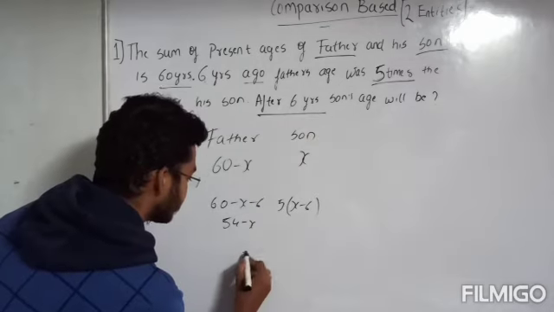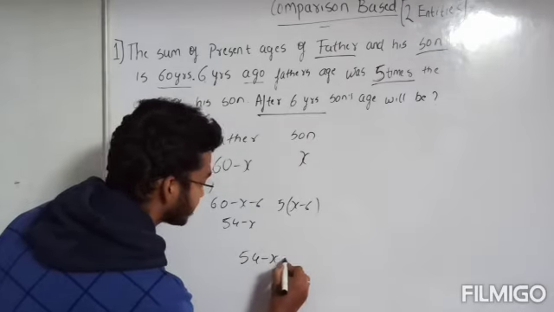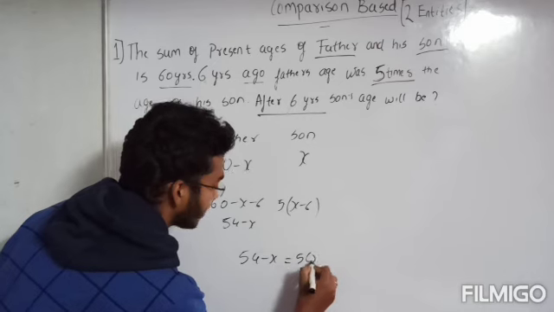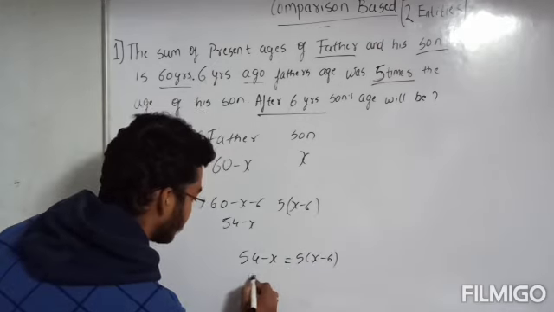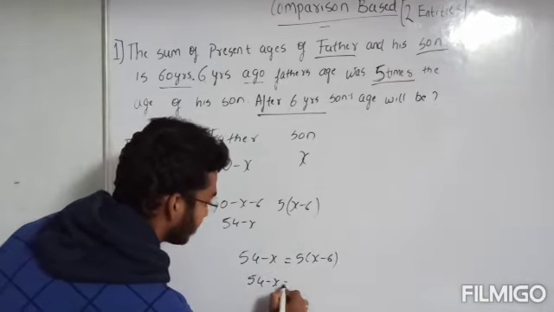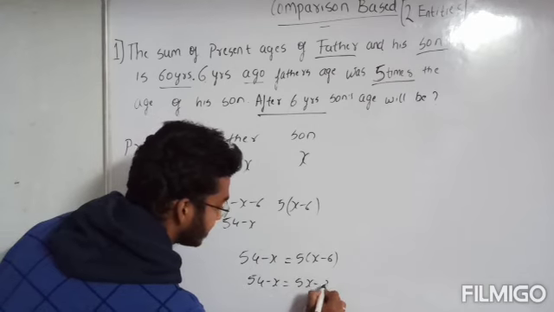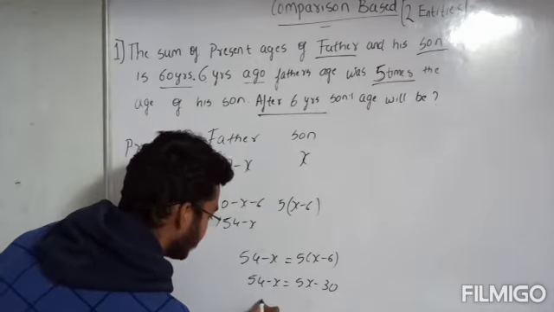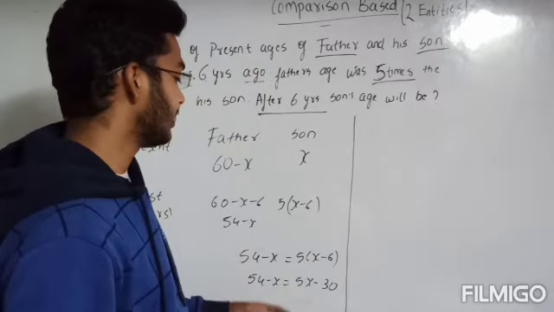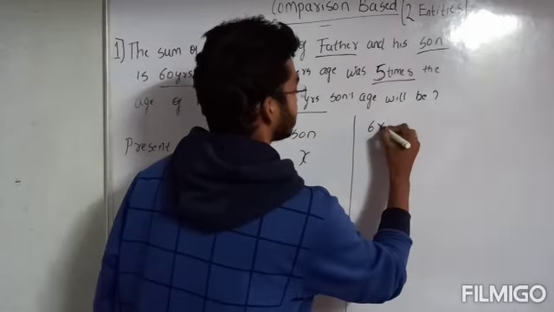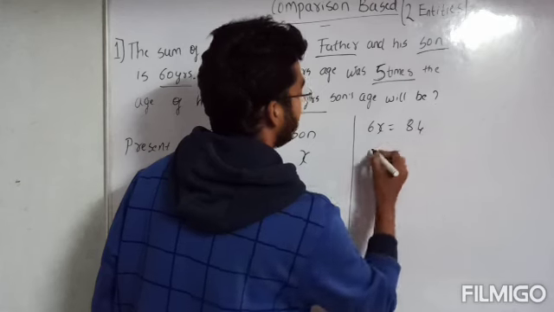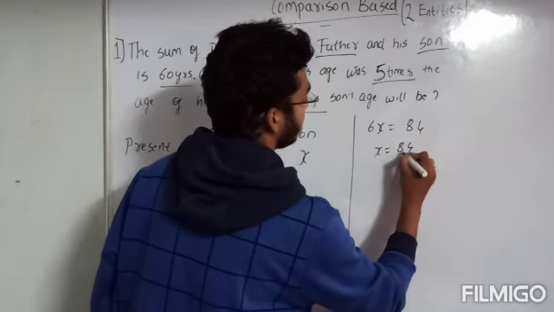So by equating this, 54 minus x will be equal to 5 of x minus 6. So 54 minus x equals 5x minus 30. By solving this, we'll get 6x equal to 84 and x equal to 84 divided by 6.